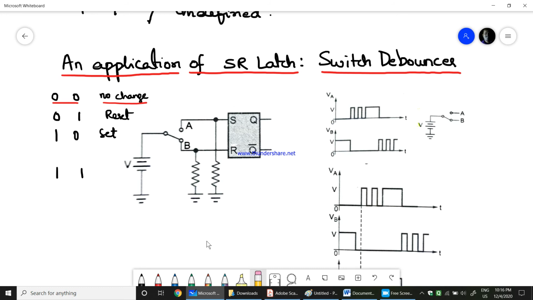Okay, now coming to the next discussion. Triggering of flip-flops.